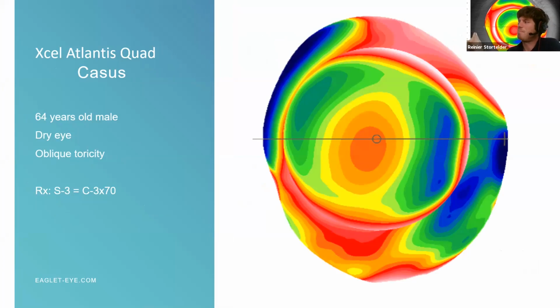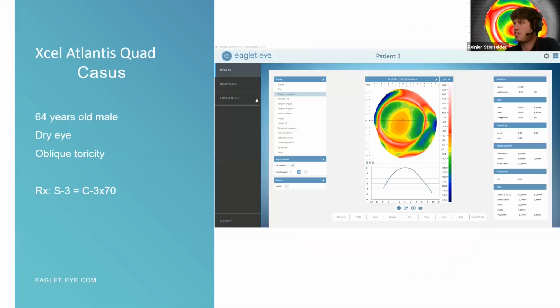So the red colors are indicating that the flat meridian is located superior or oblique, and the blue colors are indicating the steeper meridian. He has dry eyes, and for me it's always hard to fit, because the lens tends to shift temporal inferior.